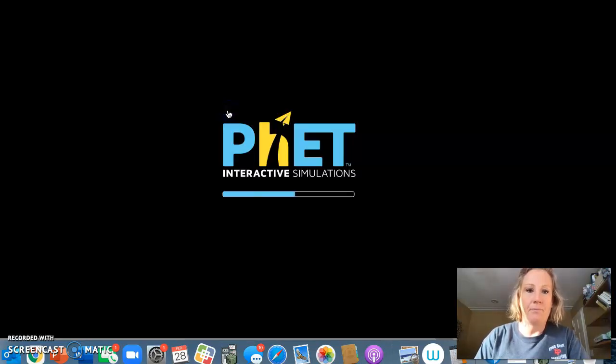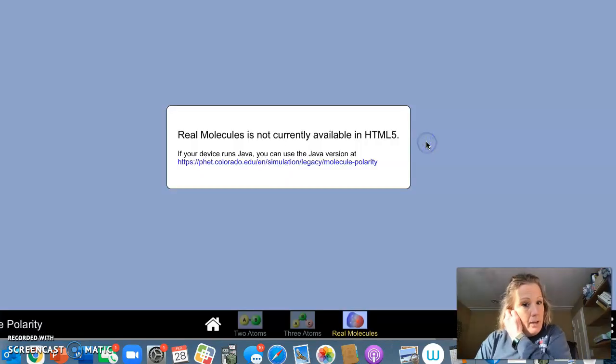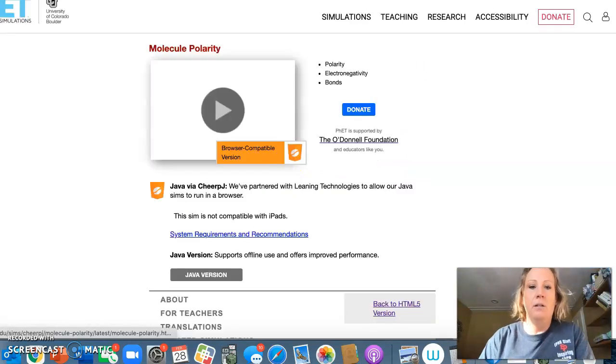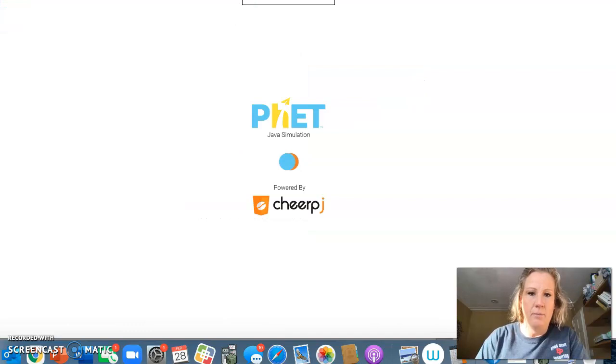Eventually, the last part, you're going to go to real molecules, and you have to click on this orange, it used to be Java and now it's this chirp. It helps you to run this. The other two were HTML programs. I don't know if I'm using the right terminology, but this one works a little differently, so it might take a little bit. And I'm going to pause the video.